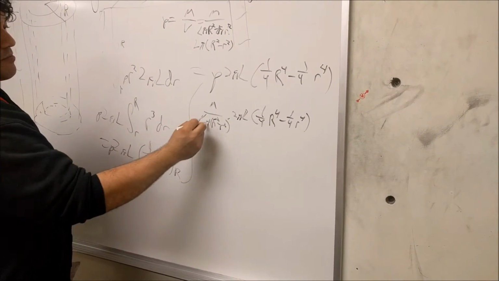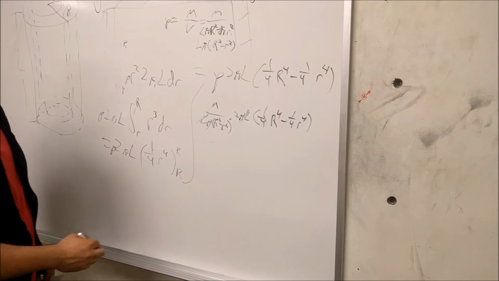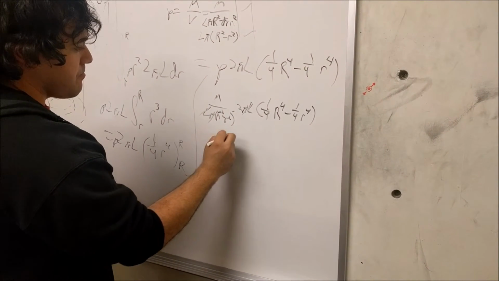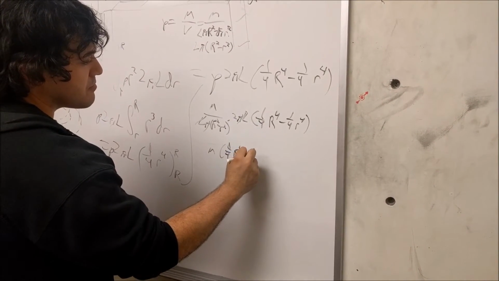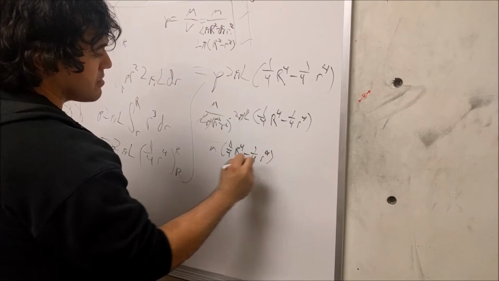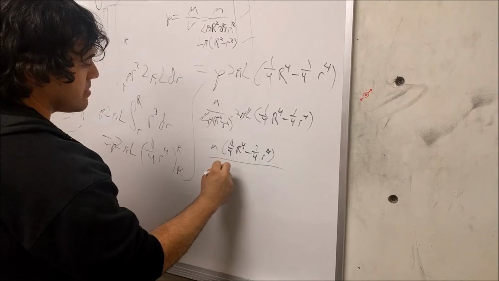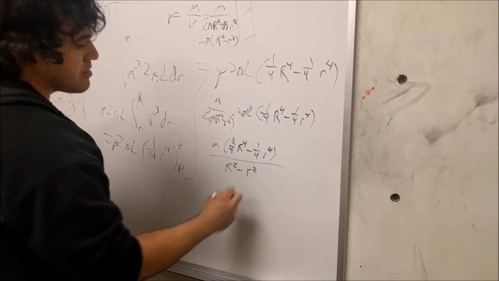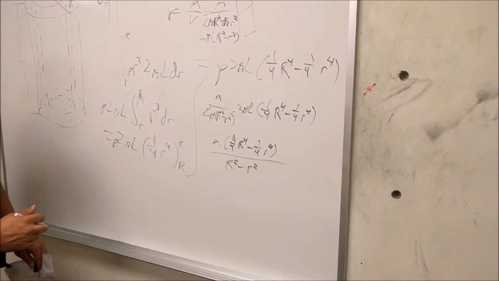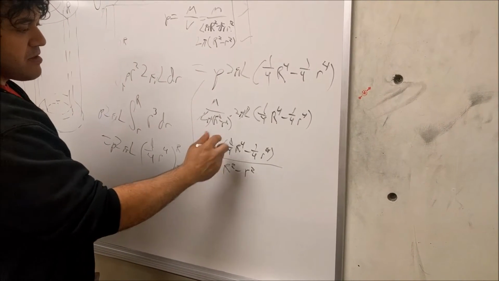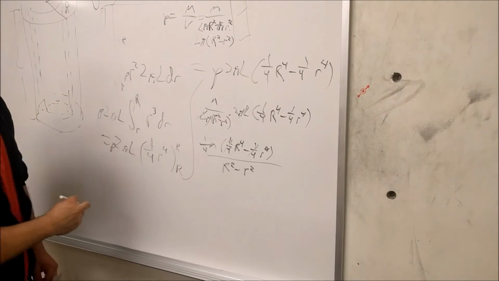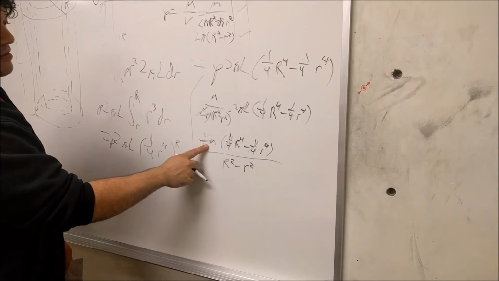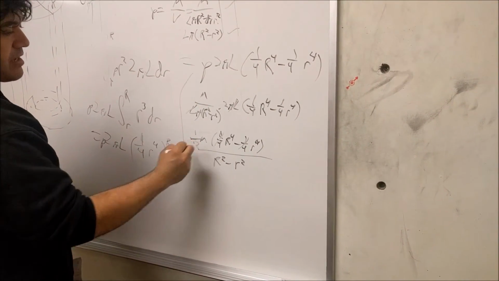L's cancel, pi cancels. So we're left with m times 1/4 big R to the fourth minus 1/4 little r to the fourth, divided by big R squared minus little r squared. So we've got to factor out 1/4 and then times the 2, which will make it 1/2.